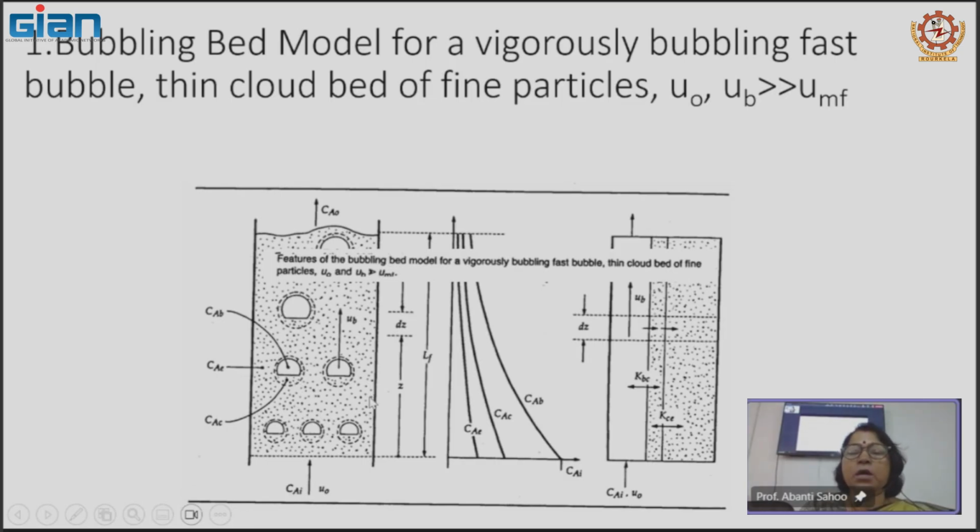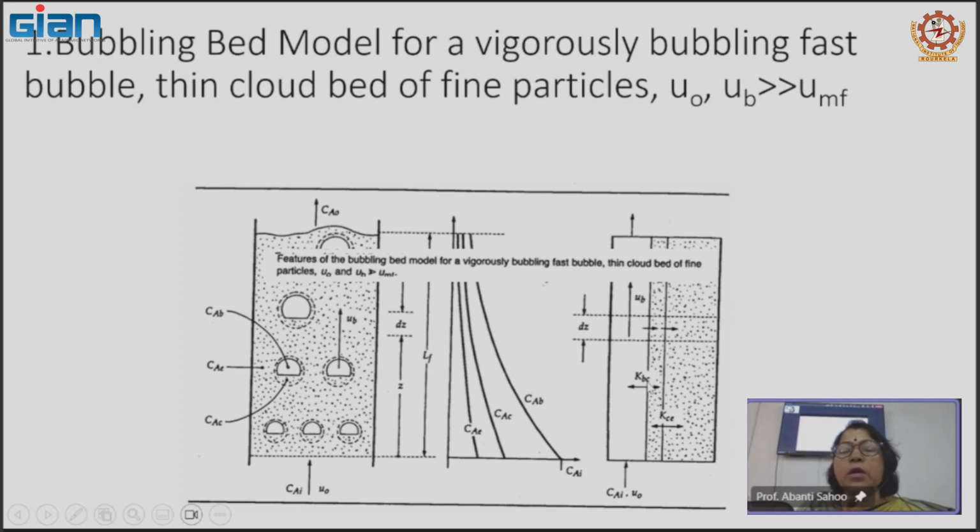If you consider any section at any height, you can see how the movement is. The bubble is moving at the bubble velocity, and between cloud and emulsion the gaseous movement is reversible, emulsion to cloud, cloud to emulsion.